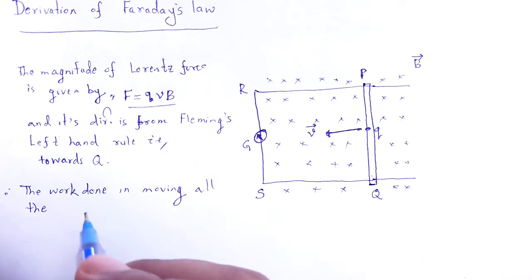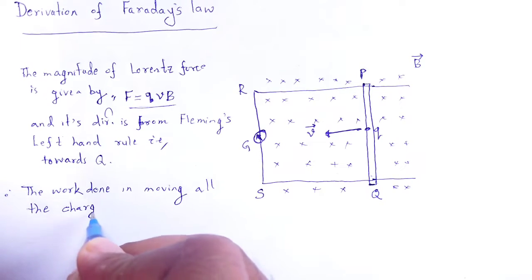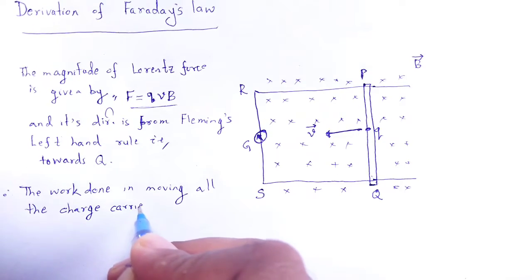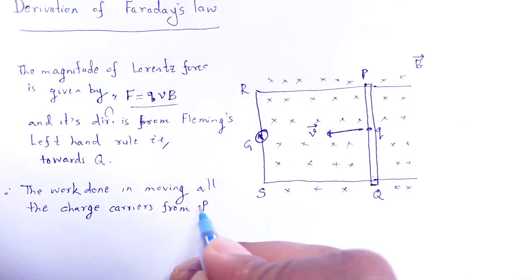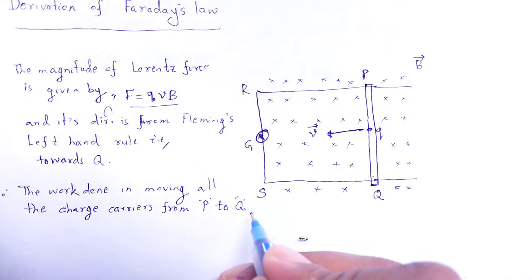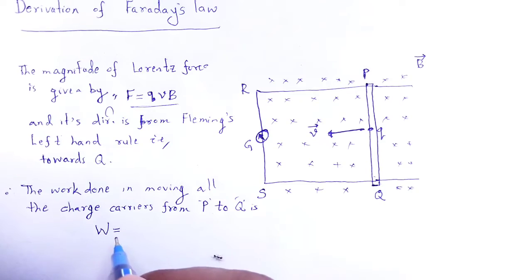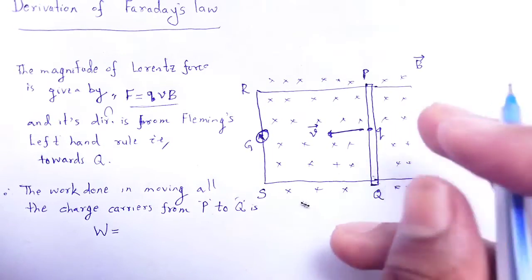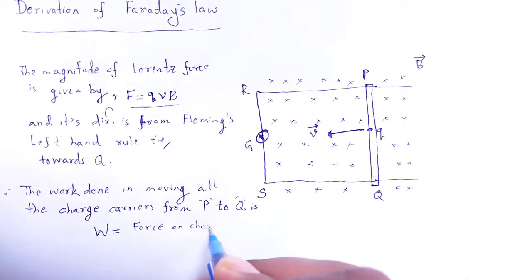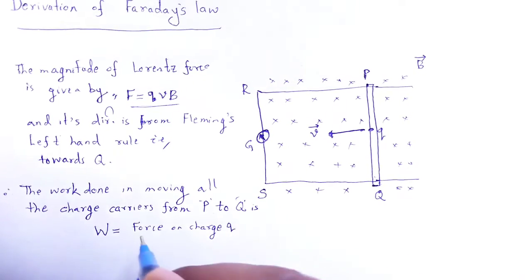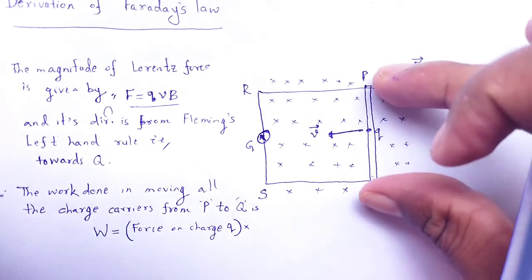So, the work done in moving all the charge carriers from P to Q is, that is work done W is equal to force on that charge Q into displacement, the length of PQ.